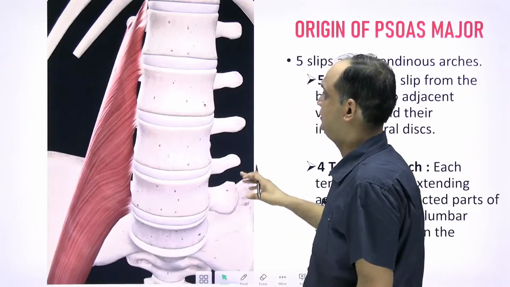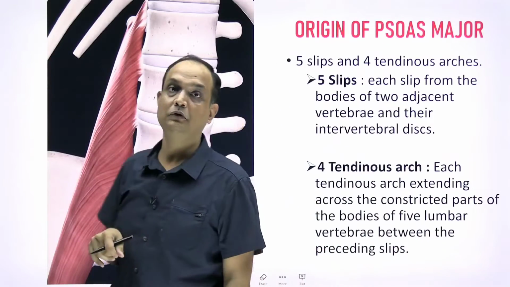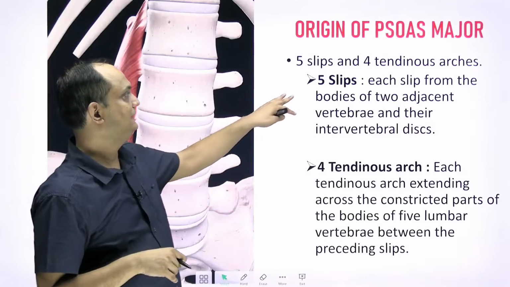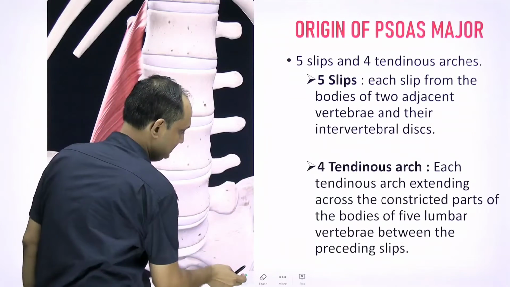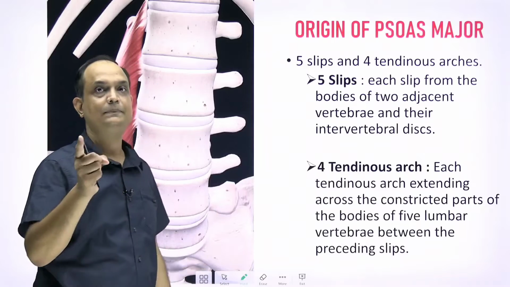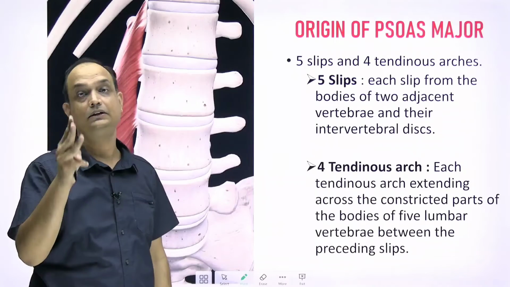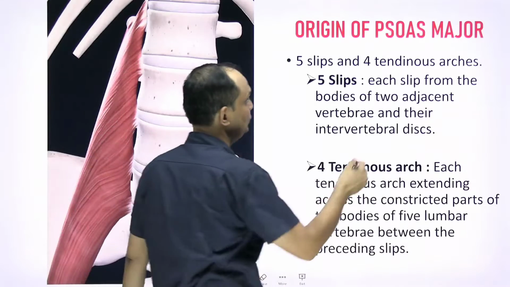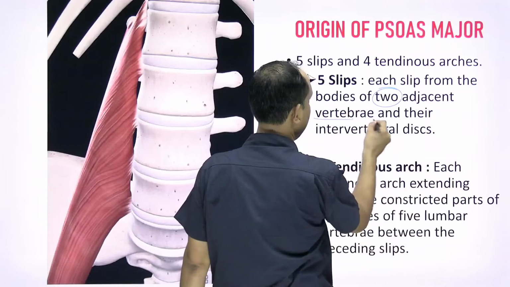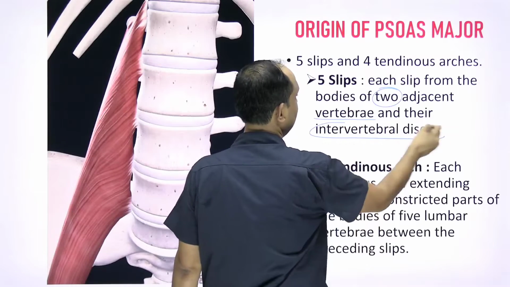Now in this image, if you see the more enlarged view of the origin, you will find that the slips are arising from 3 places. One slip is attaching at 3 places. What are these 3 places? 2 adjacent vertebral bodies and 1 intervertebral disc.